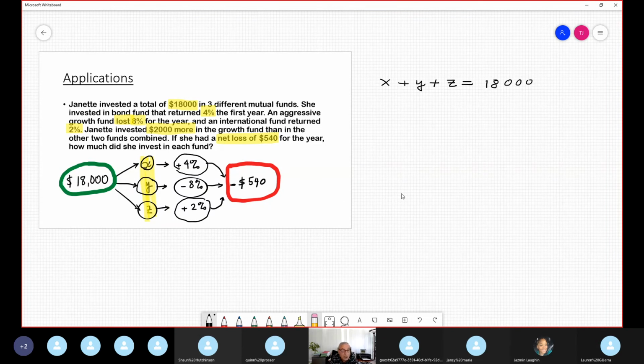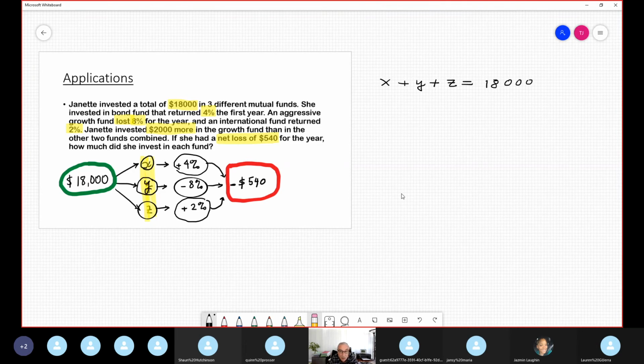Let's focus now on this sentence. Janet invested 2,000 more with the ground fund than the other two combined. So the ground fund I call y.